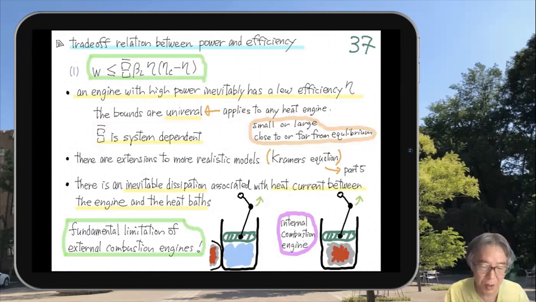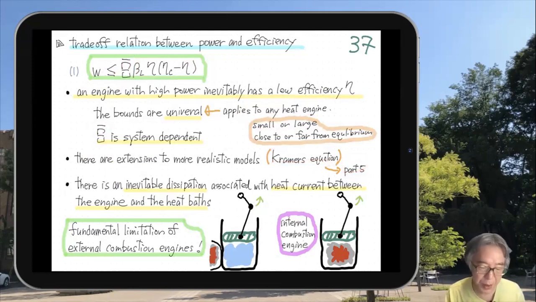So of course you can improve the power of the engine by designing the system carefully to have a larger psi bar. That is of course possible. This is not the universal part. We only discussed Markov jump processes, but we can extend the result to something called Kramers equation, which is more realistic. We did not discuss the extension, but we discussed Kramers equation in part 5.